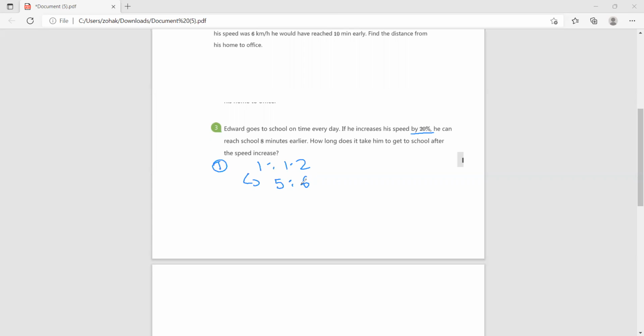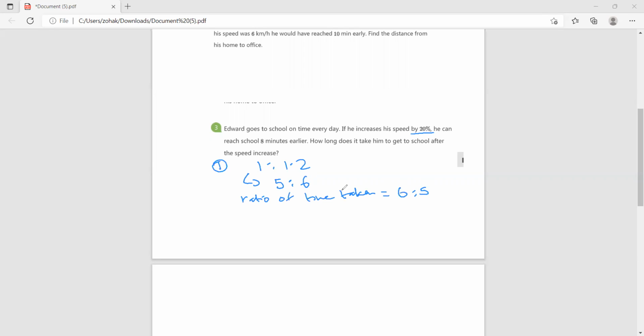But remember that the ratio of the speeds and time taken are in indirect proportion. So we can say that the ratio of time taken is very simply just going to be 6 to 5. Okay.